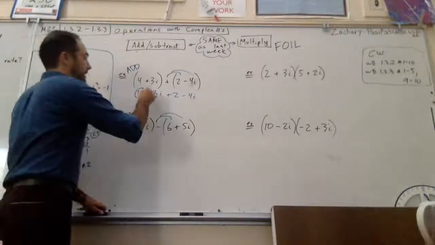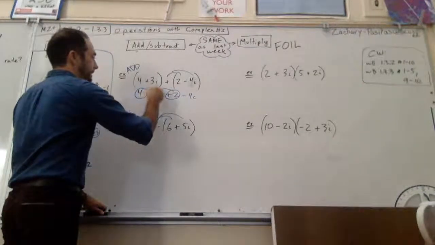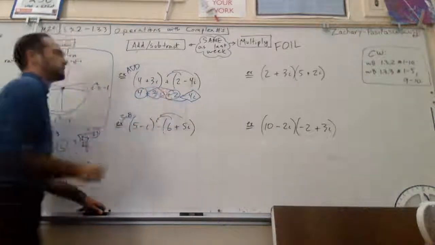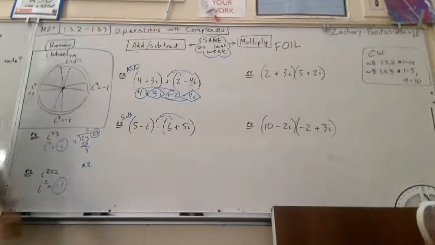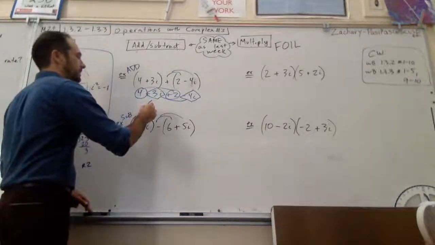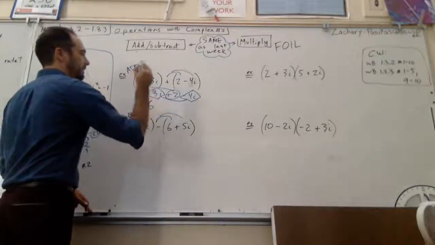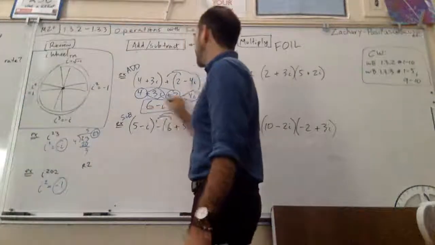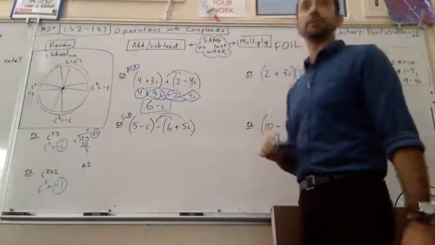We're going to combine 4 and 2, and then positive 3i, negative 4i. Straightforward. 4 plus 2 is 6. Positive 3, negative 4 is negative i. And that's my answer in combining those two expressions.